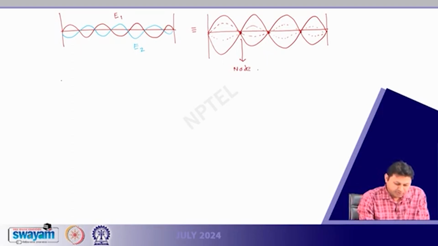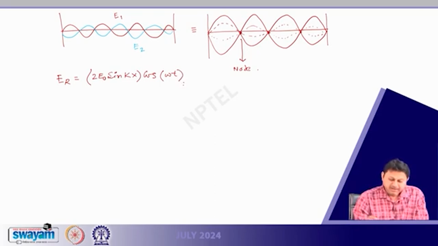So the resultant waveform ER is equal to 2E0 sine of kx multiplied by cos of omega t.